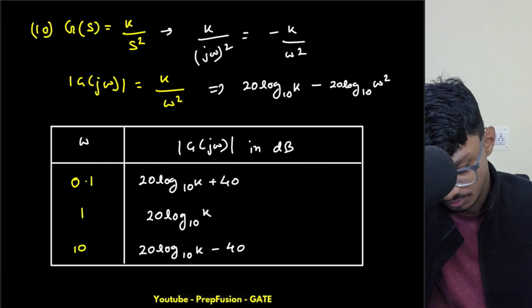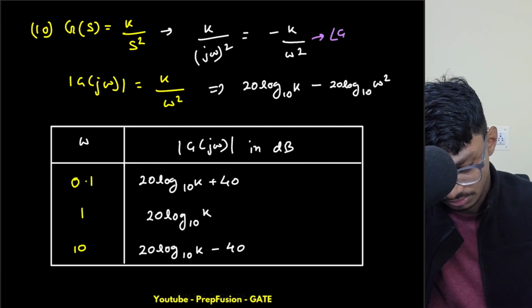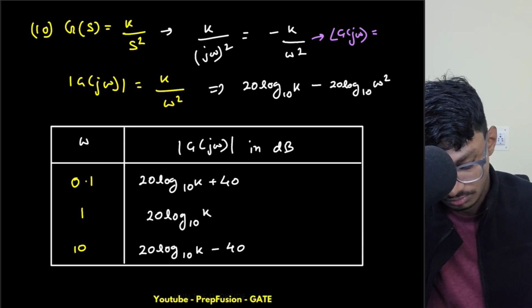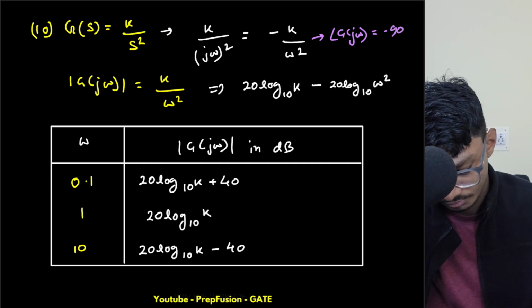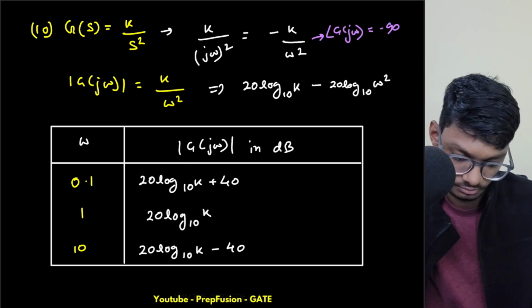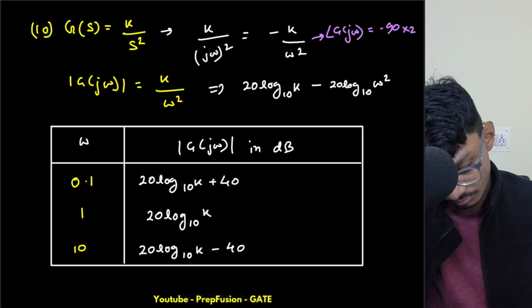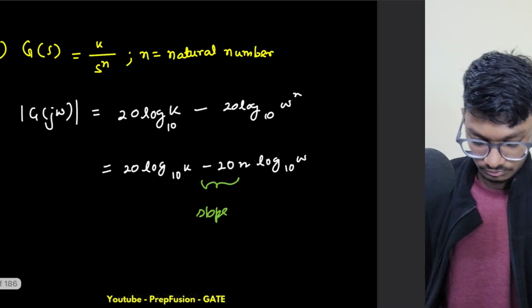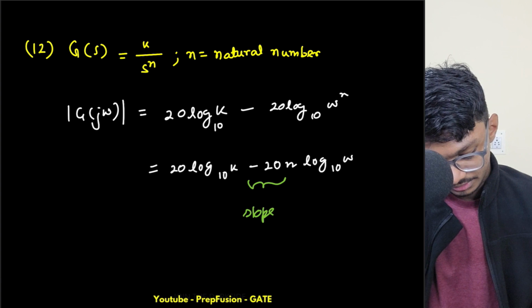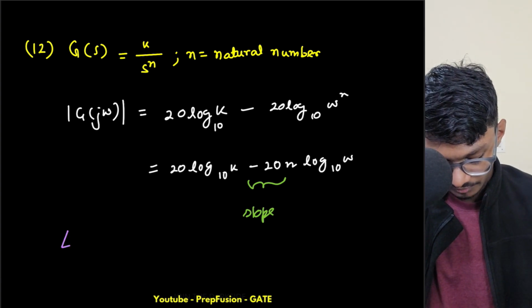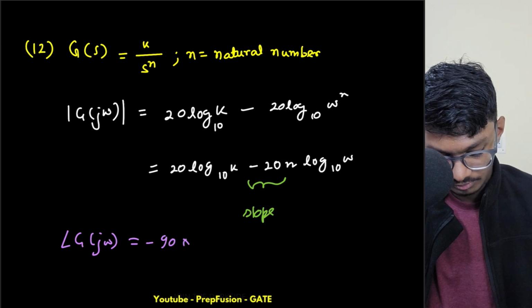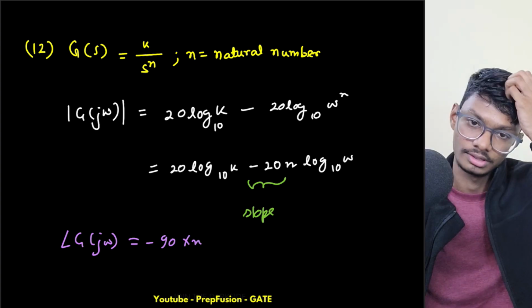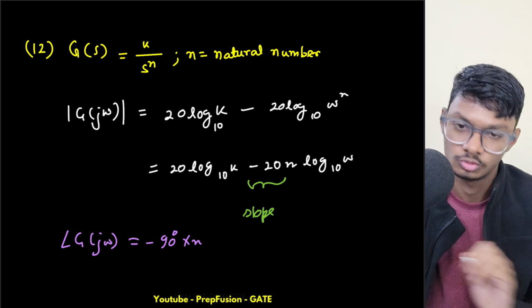Here how much phase is this providing? Minus 90 into 2. Now let's understand how much phase is this one providing. This is providing constant phase of minus 90 into n poles are there, so this will provide minus 90 into n phase. Pretty simple. There is no slope, nothing.